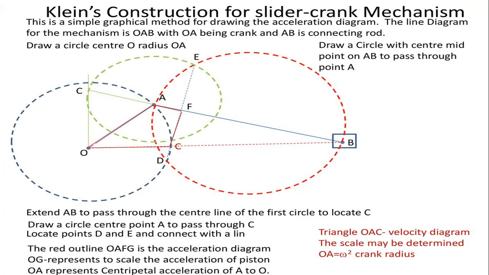So this Klein's construction is a simple graphical method for drawing the acceleration diagrams, and the line diagram for the mechanism is OAB, that is, the triangle OAB with OA as the crank and AB as the connecting rod.